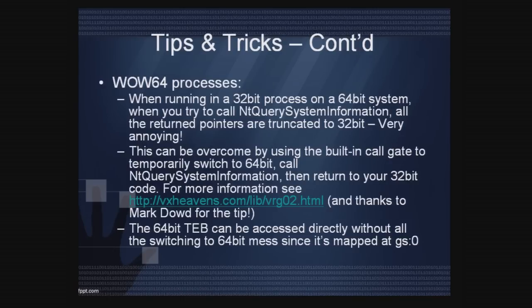What you can do is use the built-in call gate that the thunking system uses to temporarily switch to 64-bit, do the call to query system information from 64-bit, get your data, and go back, return to 32. So this is a way around that limitation. And another tiny bit of information: the 64-bit TEB in a WOW64 system can still be accessed without doing all this mess. It's mapped to GS:0 instead of FS.